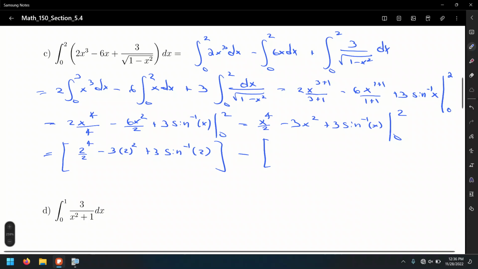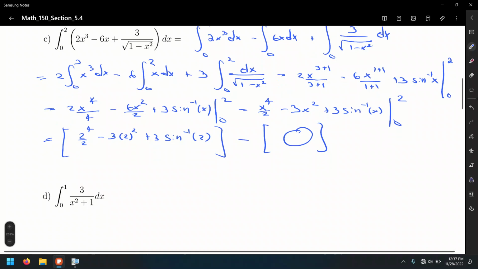And this sine inverse of 0, which in other words is asking us for the angle whose sine equals 0, also happens to be 0. So in this situation, it's fine to just write a big 0. That way you don't write that whole thing evaluating at 0. However, if you still prefer to write every single term and evaluate at 0, that's up to you. That's fine. But it's okay just to save some time on your work.